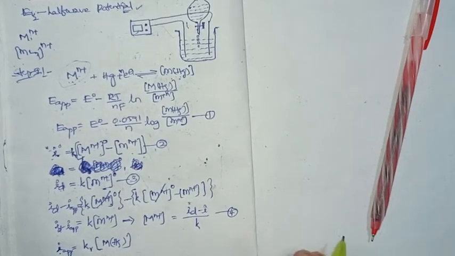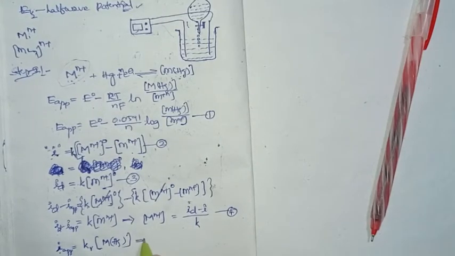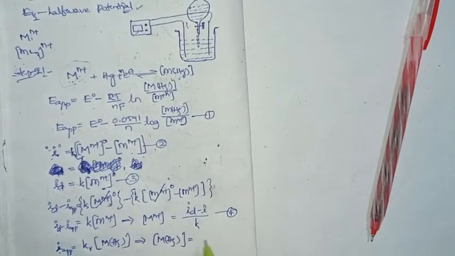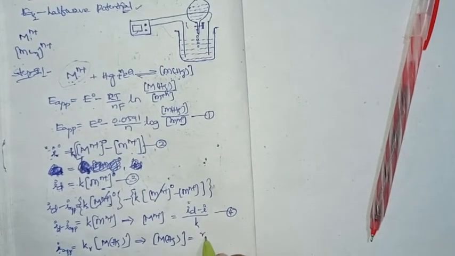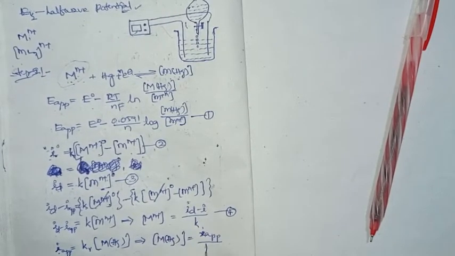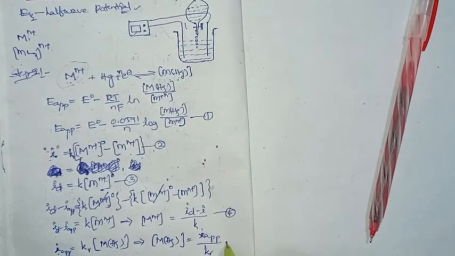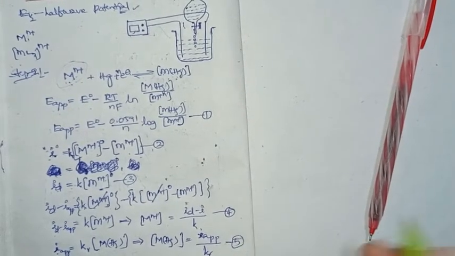From which the concentration of metal amalgam is equal to the applied current divided by the constant Kr. This is equation number 5.